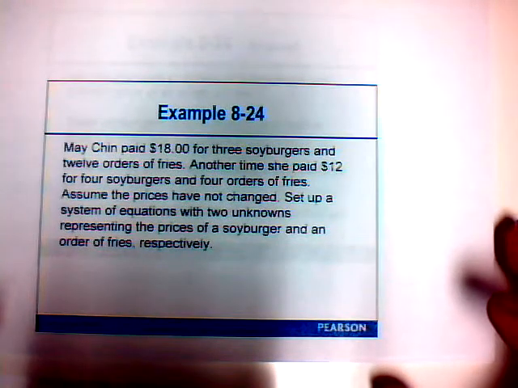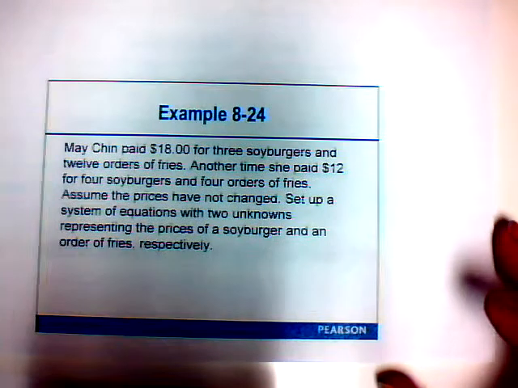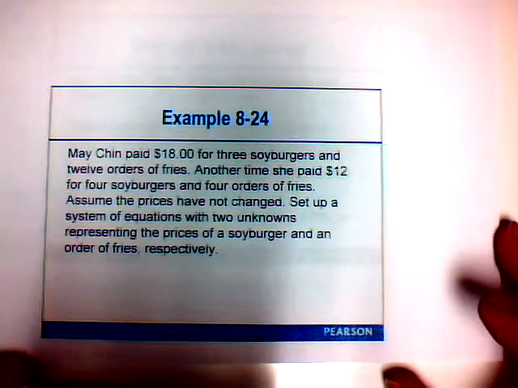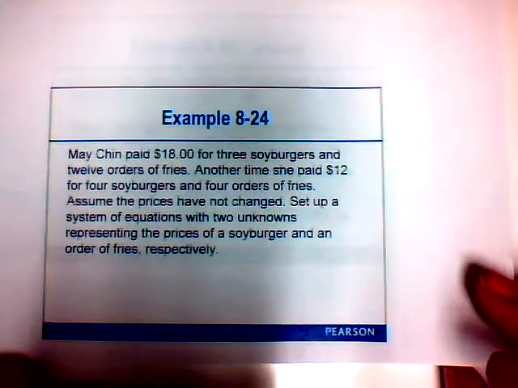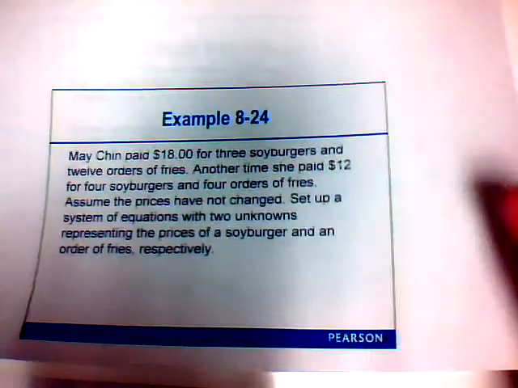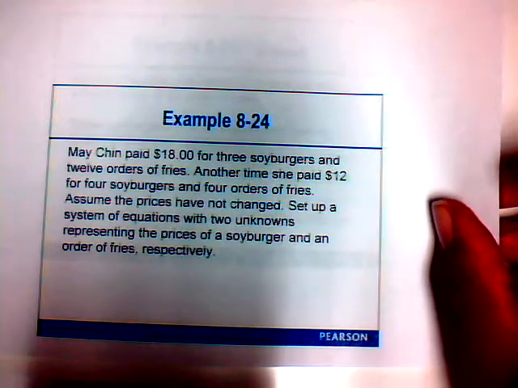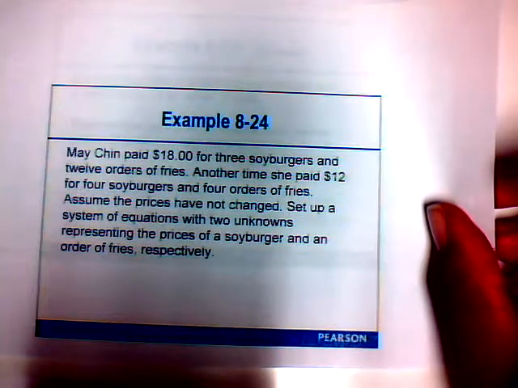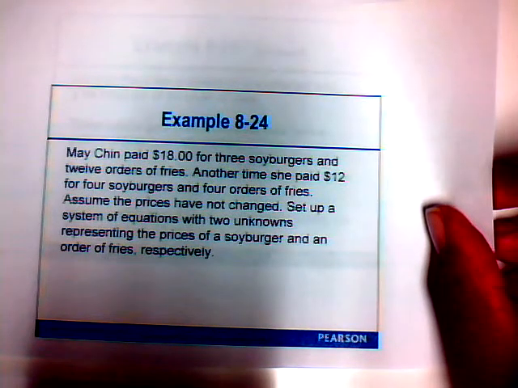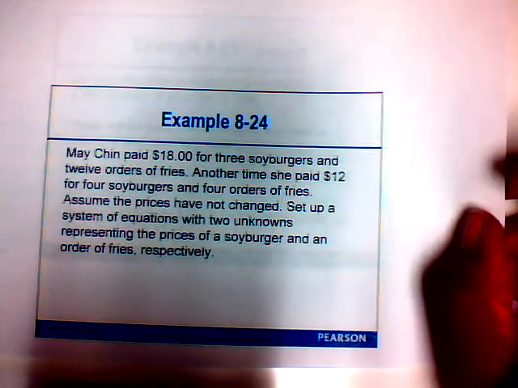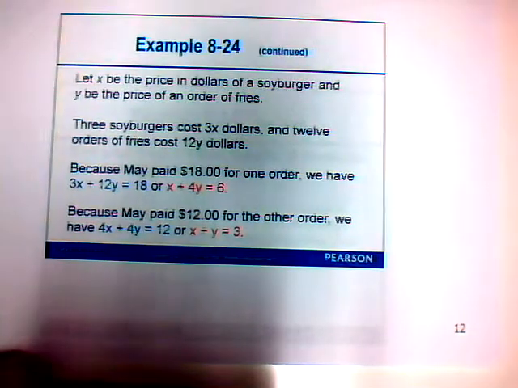Set up a system of equations with two unknowns, representing the prices of a soy burger and an order of fries, respectively. Okay, now this is one of those word problems where you just have to translate them into two equations or a system of equations and then try to solve it. Here's the procedure.